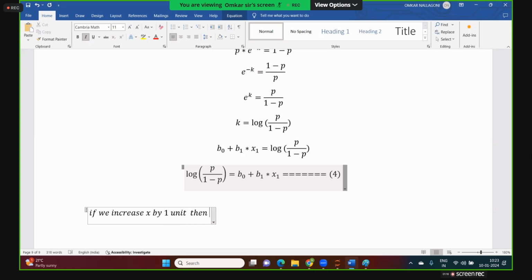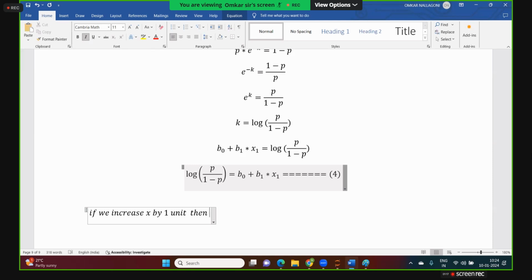That is not y. It is the log odds ratio. P is the probability and 1 minus p, both are the odds. Odd here doesn't mean odd or even. What is the English meaning of odd?